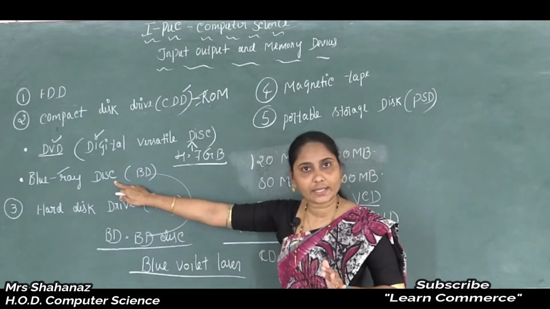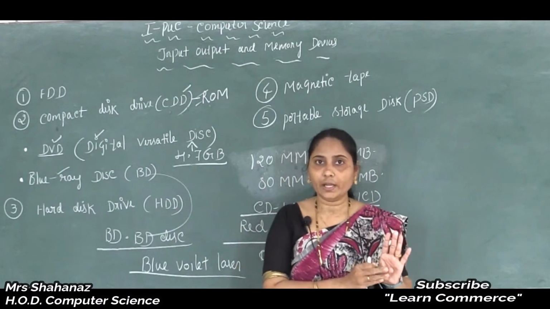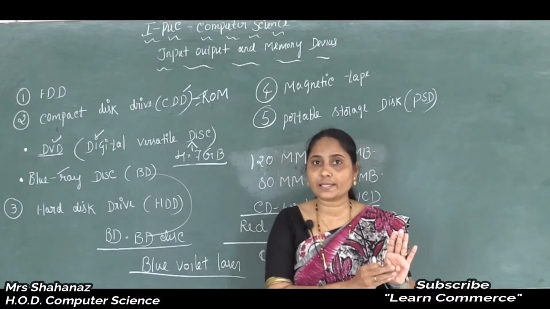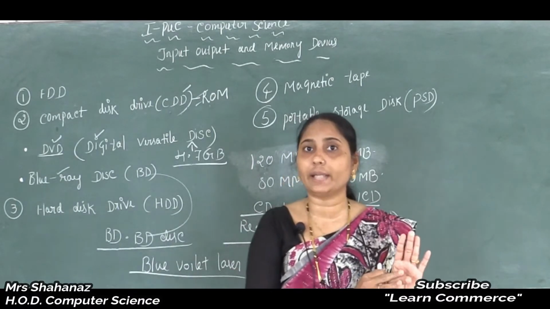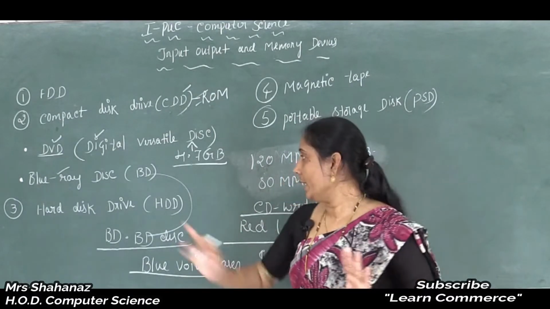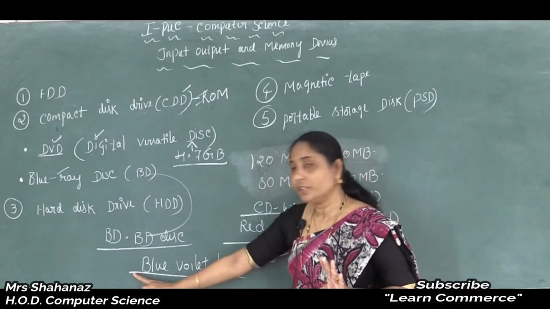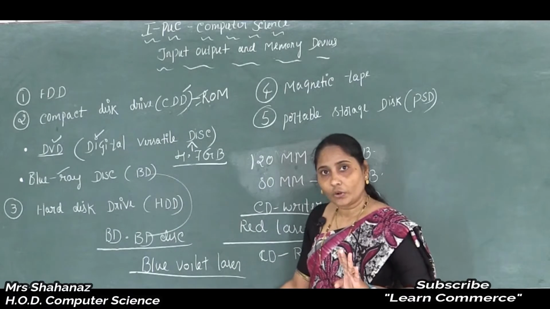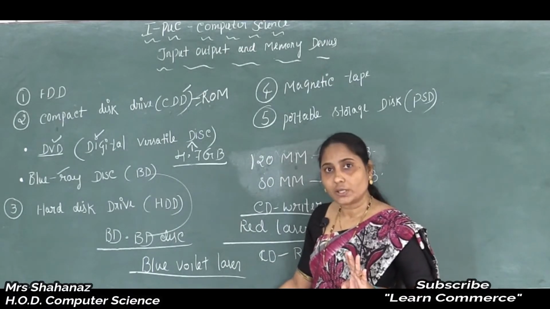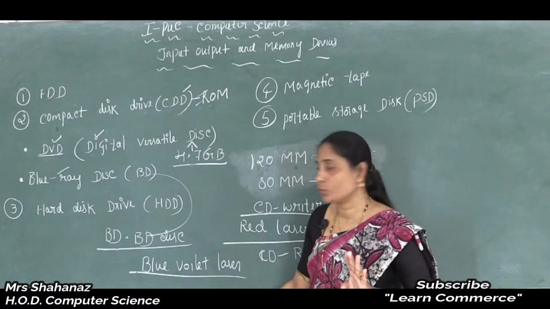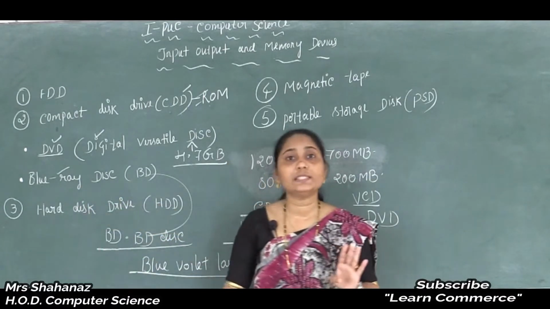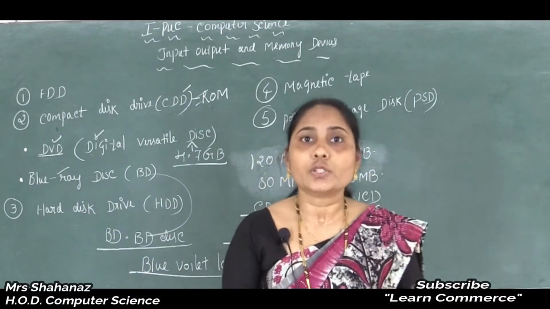So here we can say that in a CD we use the red laser beam to record and read data. In a Blu-ray disc, which color? The blue violet laser is used to record and read data on this type of disc.